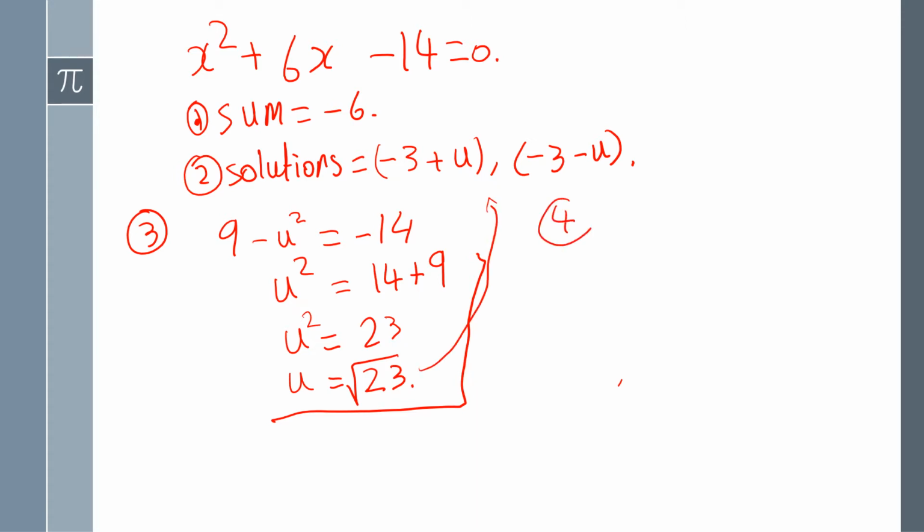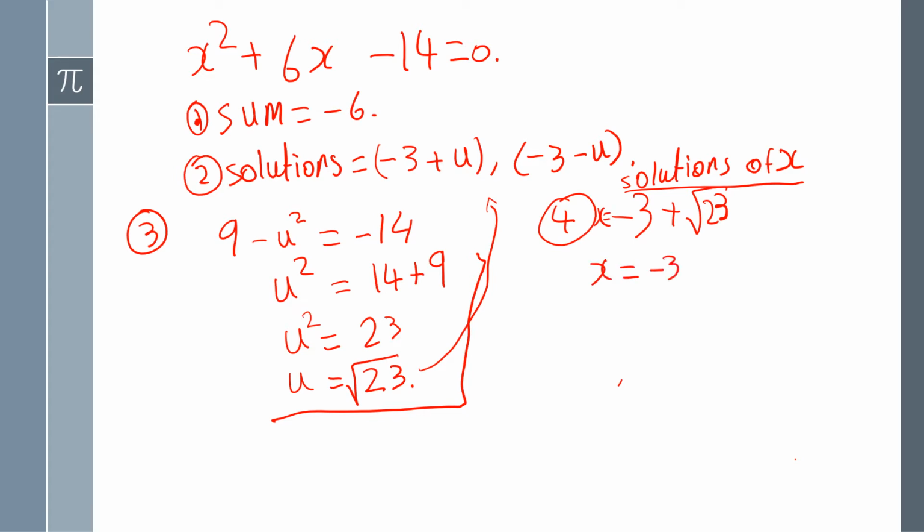The first one is minus 3 plus square root of 23. So x is either minus 3 plus square root of 23, or x is equal to minus 3 minus the square root of 23.